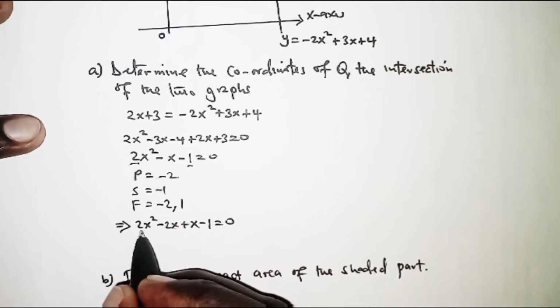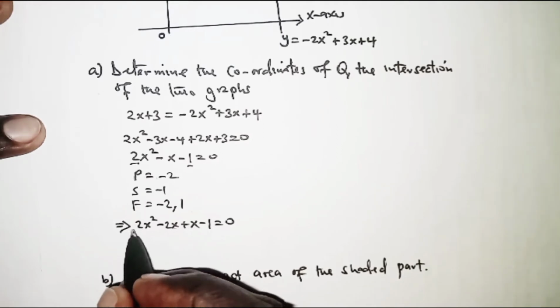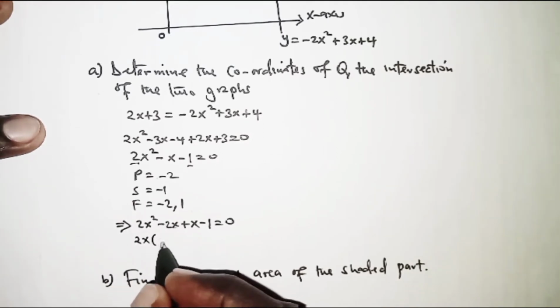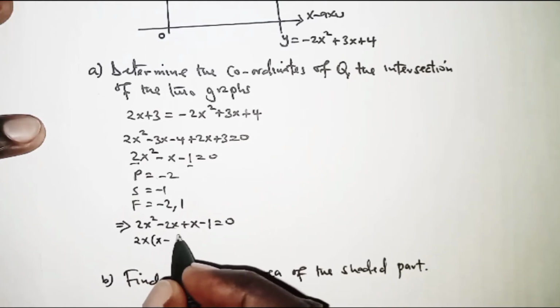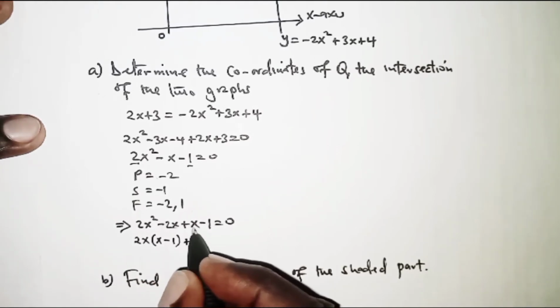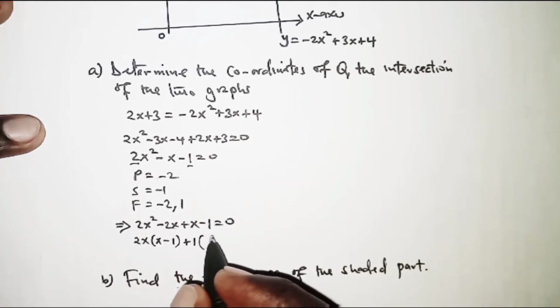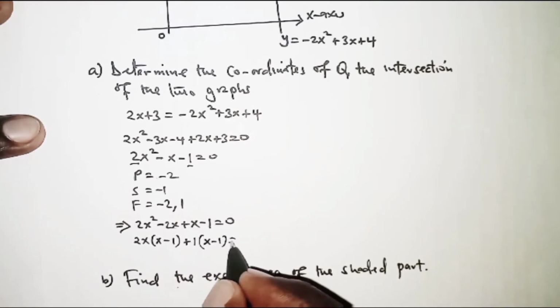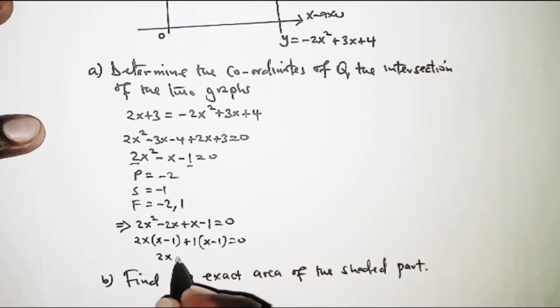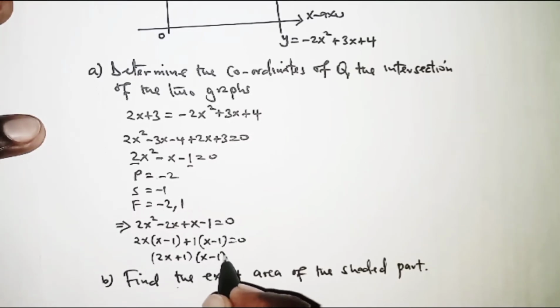For the first pair, 2x is common, so factor it out: 2x into x minus 1, plus, here 1 is common, so you factor it out into x minus 1, equals 0. So that means 2x plus 1 into x minus 1 equals 0.